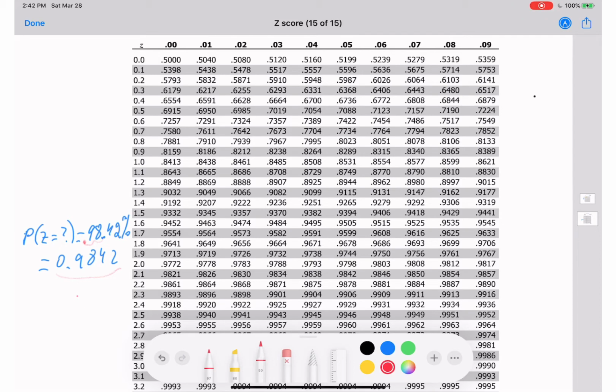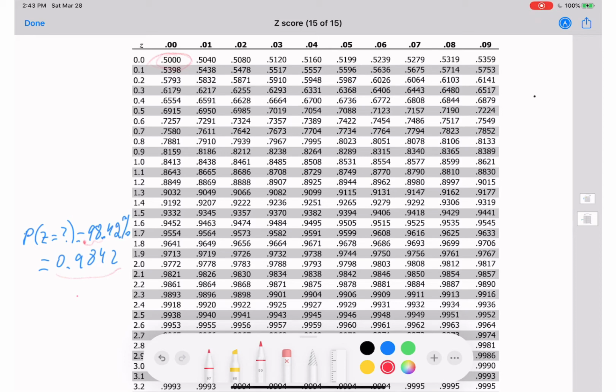Not close to the beginning, because at the beginning I have the 50%. See here? 50%. But now for 98%, I'm going to look close to the end.